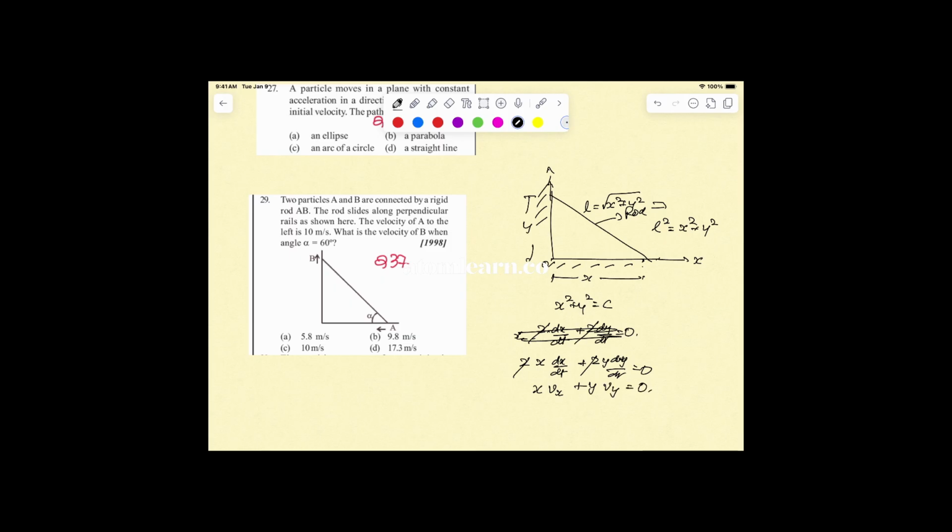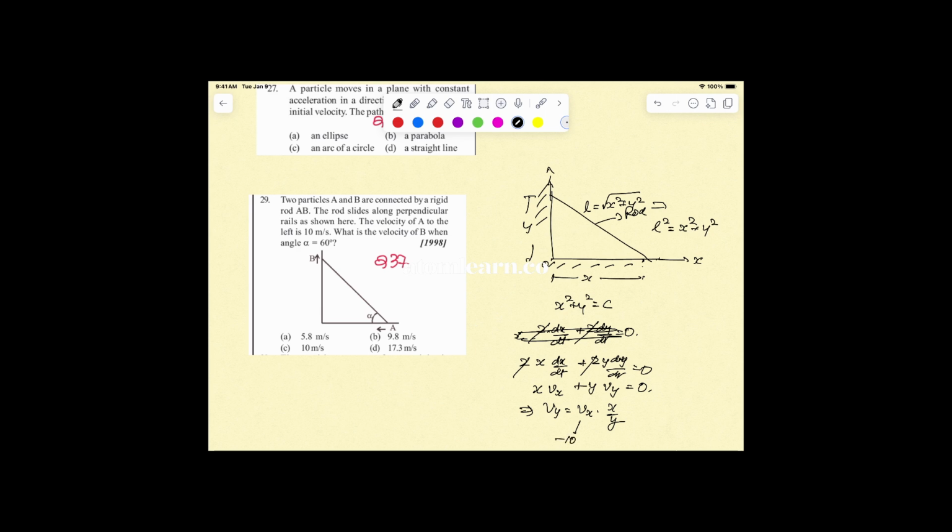Now from here, this actually gives you velocity of y is equal to velocity of x times x by y. Now what is given is the velocity of x, that is, the velocity of point A. It is 10, towards the negative direction, that is decreasing x, so you put minus 10.